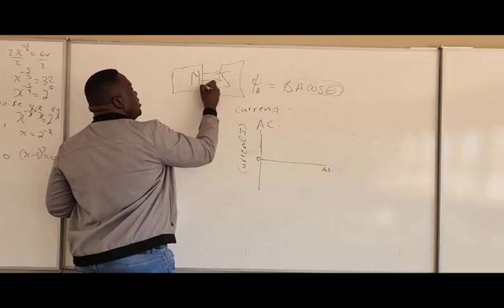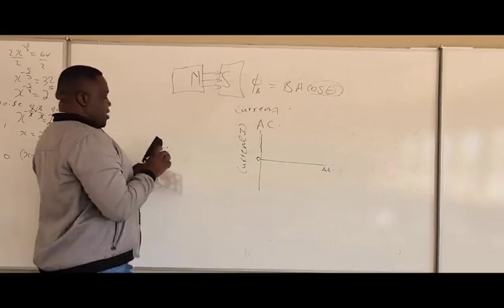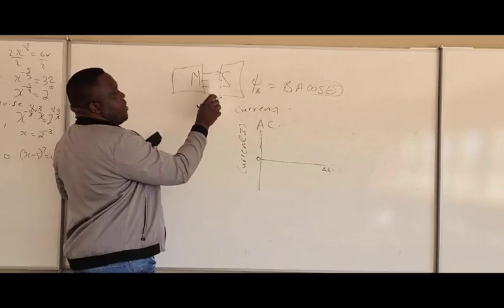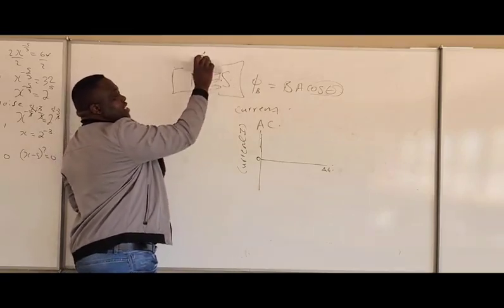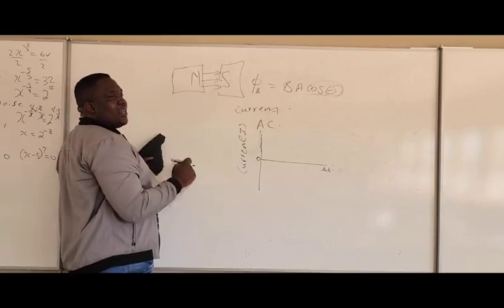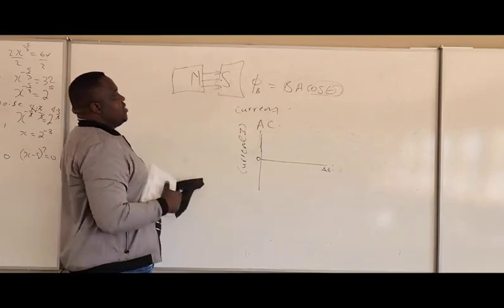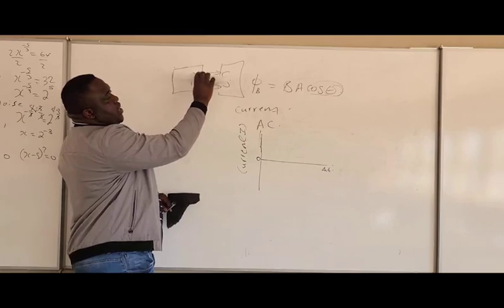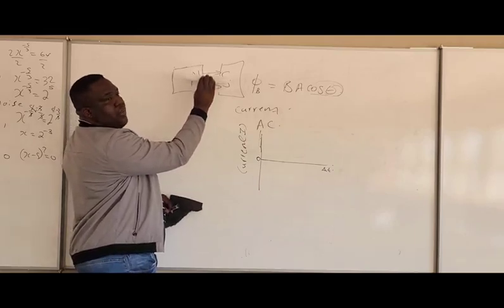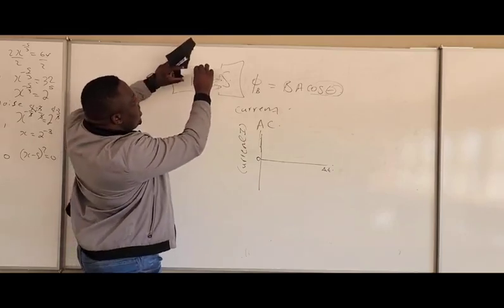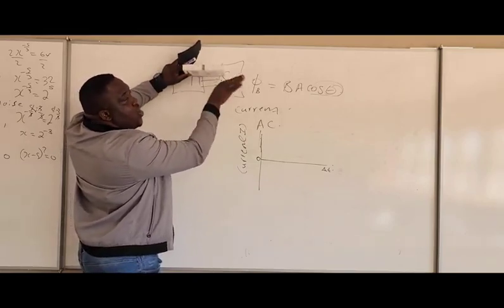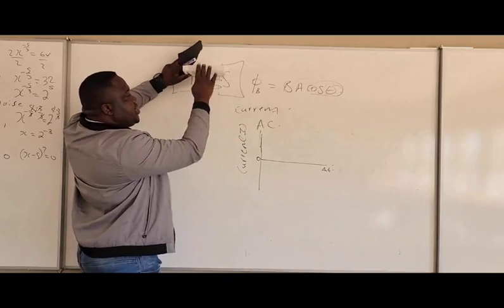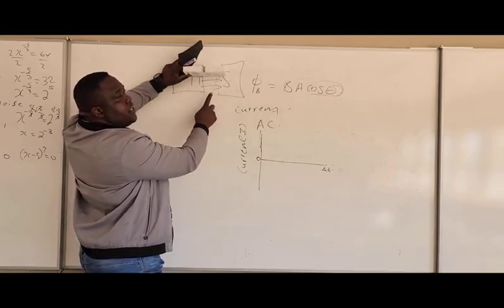Then here are the magnetic field lines. There is a coil between the magnets. I'm making a demonstration so that you can understand. Here is the coil. It is facing in this direction. It is parallel to the magnetic field line.